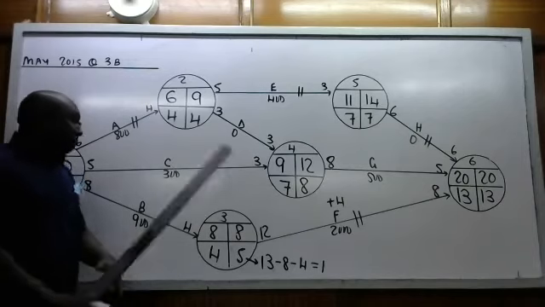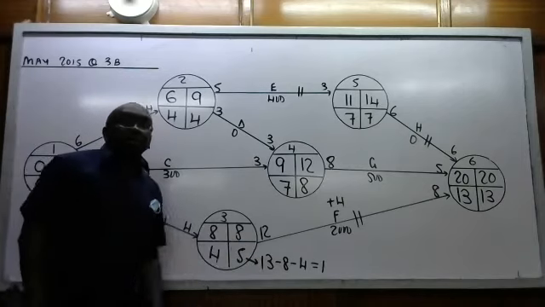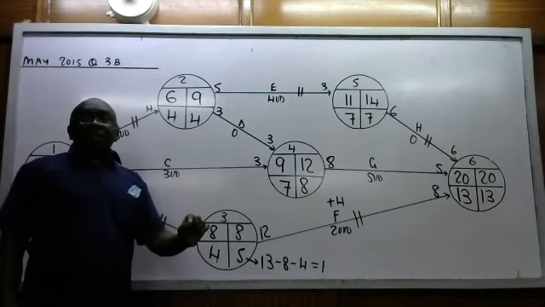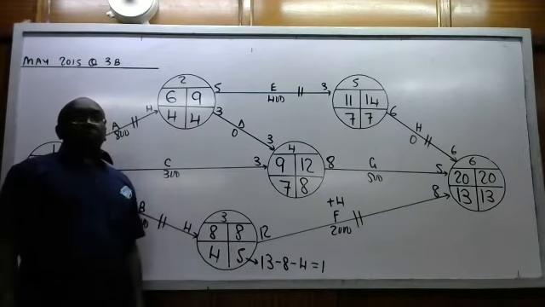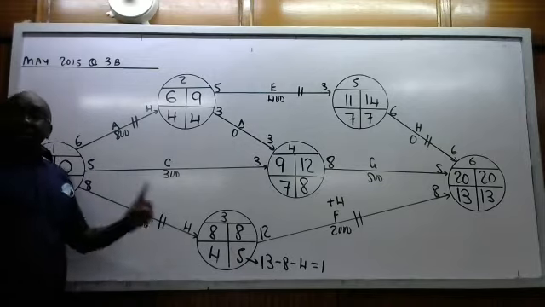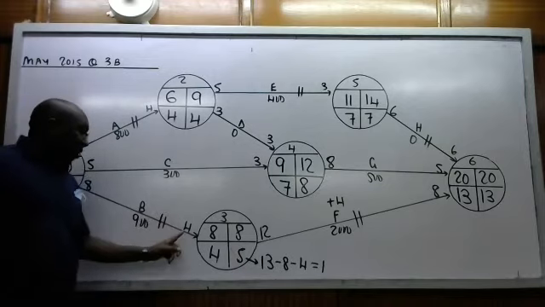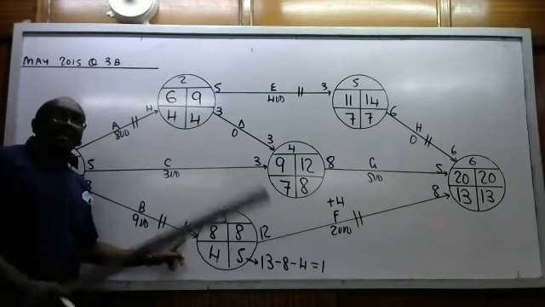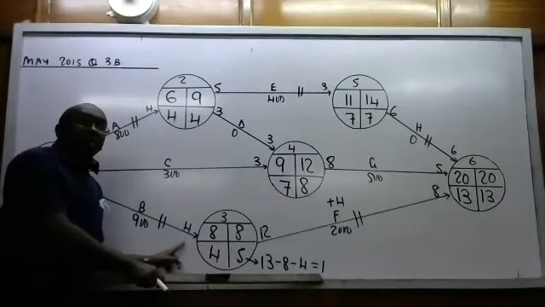Now, if F must begin at 1, then we must check whether those who precede it will allow. The predecessor is B. Now, the minimum that B can take is how long? 4. So we didn't allow F to begin at 1.